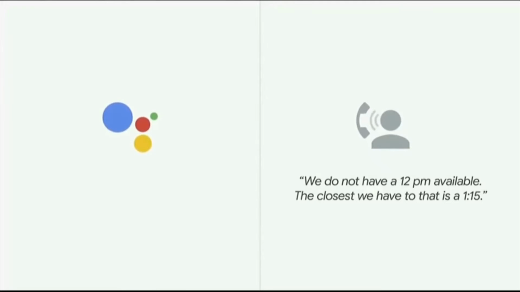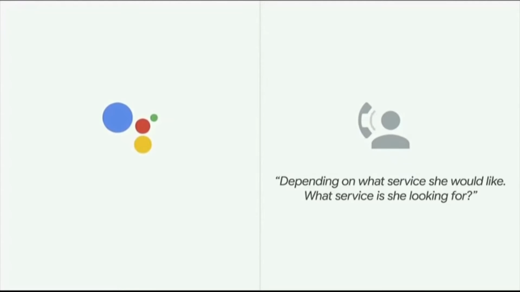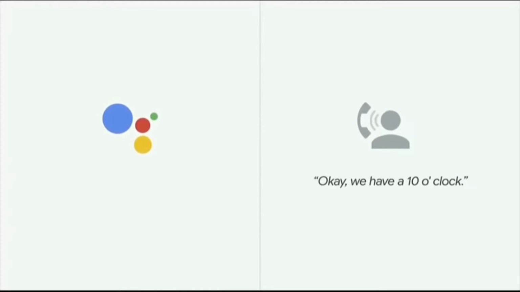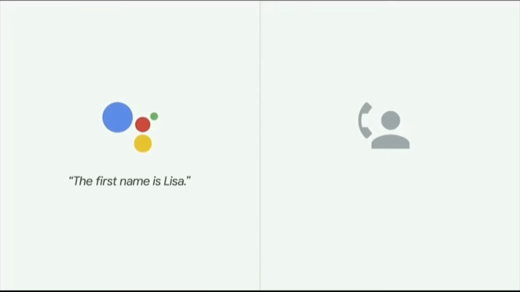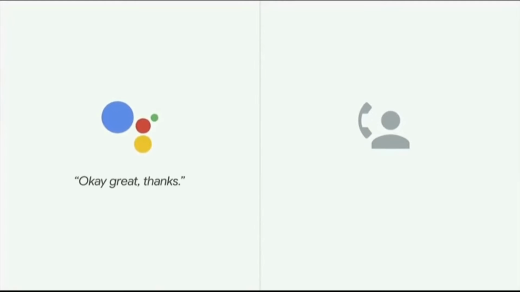The closest we have to that is a 1:15. Do you have anything between 10 a.m. and 12 p.m.? Depending on what service she would like. What service is she looking for? Just a woman's haircut for now? Okay, we have a 10 o'clock. 10 a.m. is fine. Okay, what's your first name? The first name is Lisa? Okay, perfect. So I will see Lisa at 10 o'clock on May 3rd. Okay, great. Thanks, great. Have a great day. Bye.